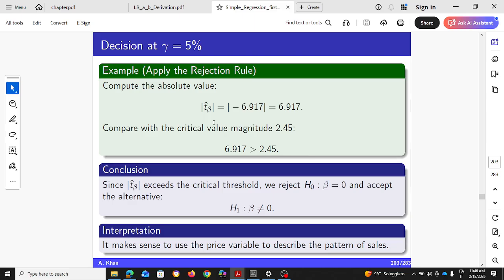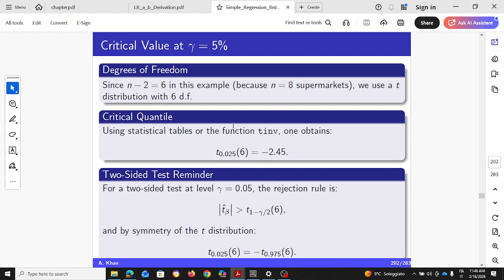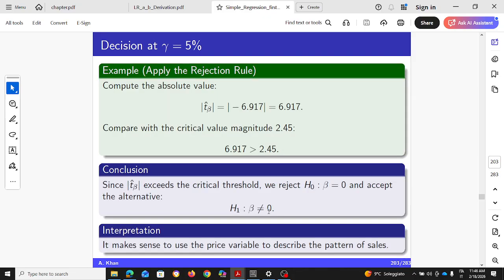So what does this mean? We said if this value is greater than this, we reject the null hypothesis. So this means that beta is not equal to 0, and it makes sense for our data, because we had a relation.